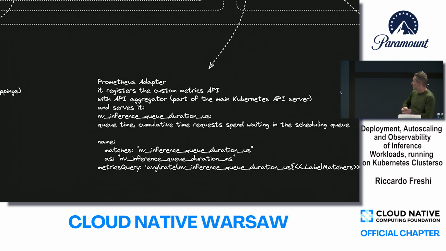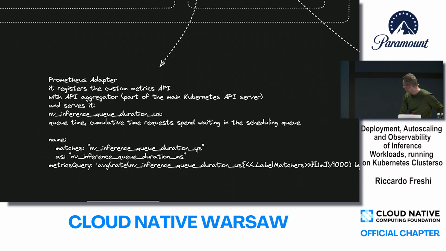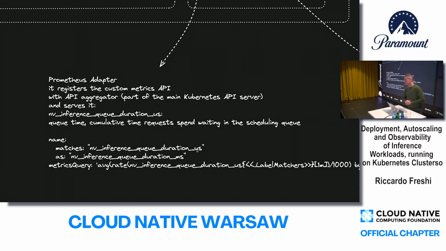The actual manipulation of this metric is shown down below. It is basically a transformation, first of all, into a rate, and then it is scaled to milliseconds instead of microseconds.